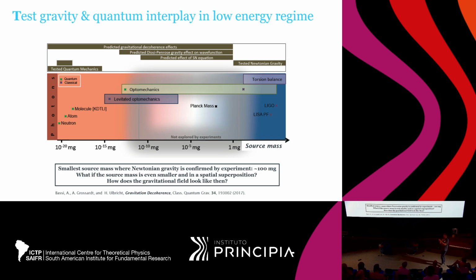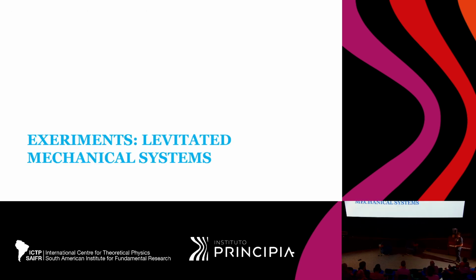This is my guiding figure of merit. It's a simplification: for quantum systems it's not only the mass, there are other important parameters, like the size of the superposition, but for the sake of this talk I reduce it to mass.